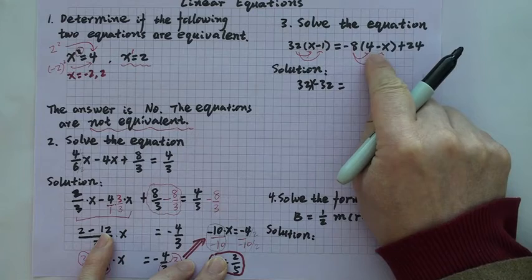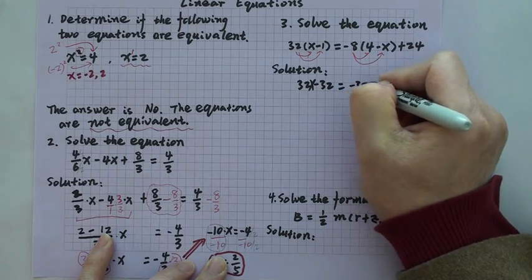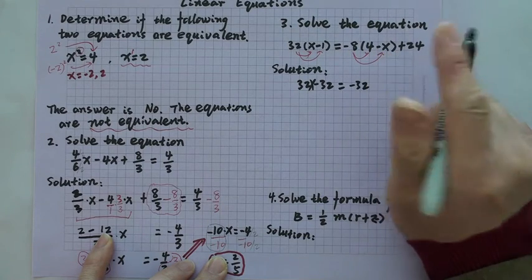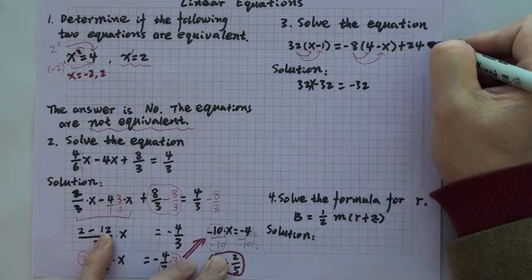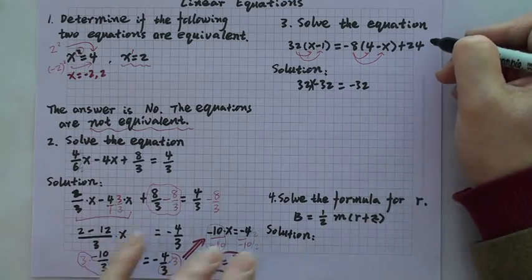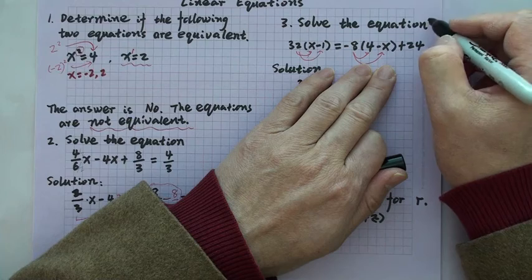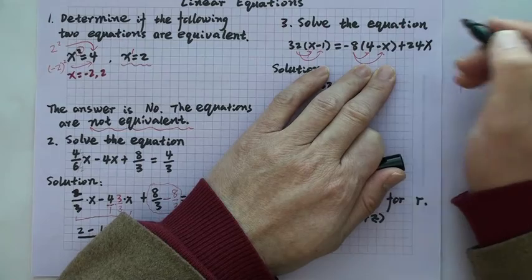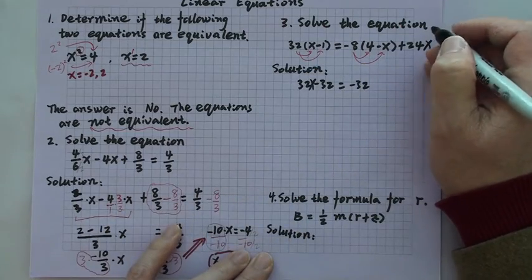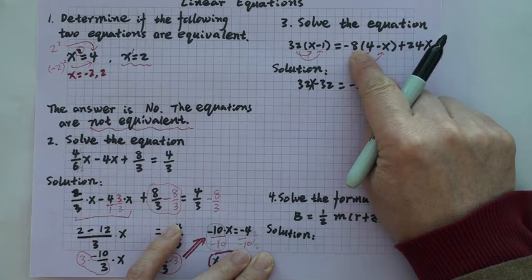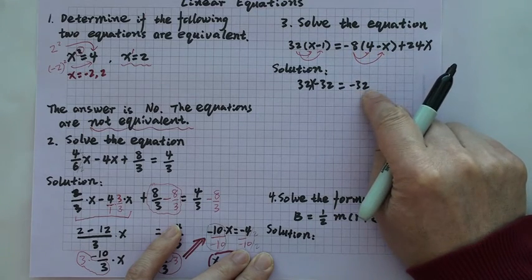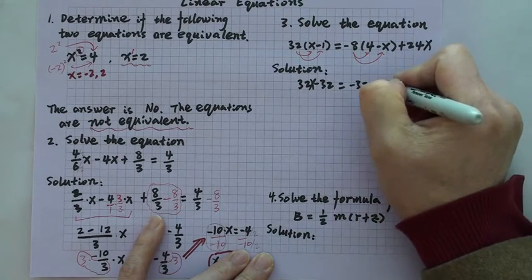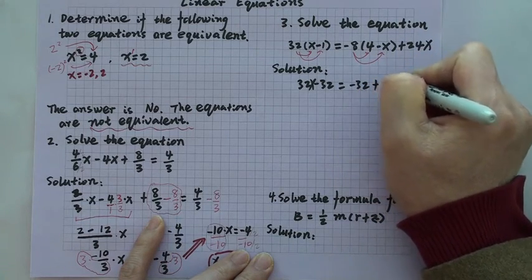Now -8 times 4 is -32, and -8 times negative x gives a positive 8x.